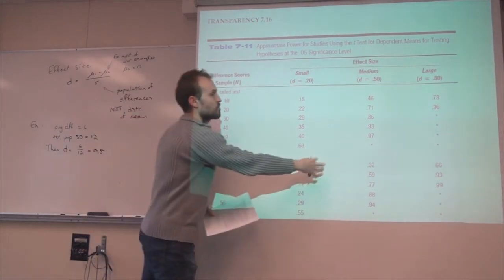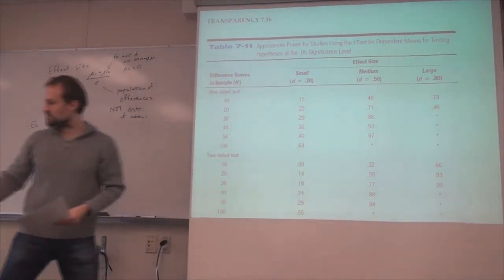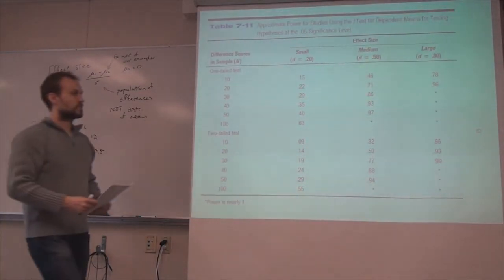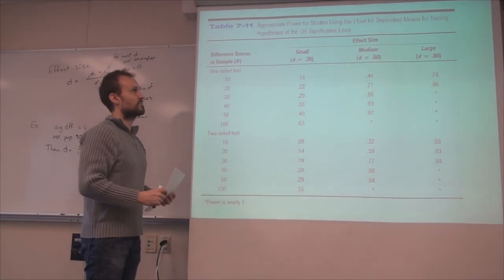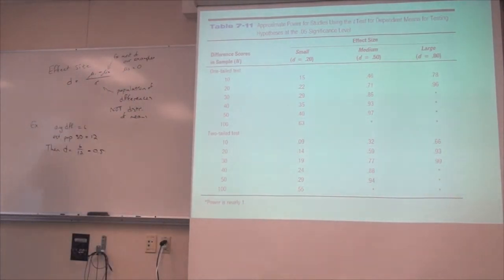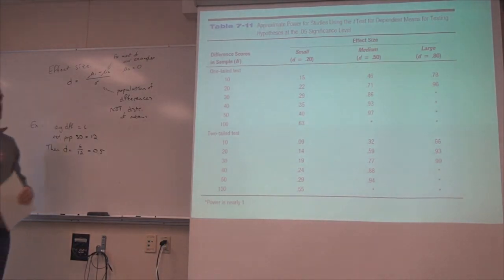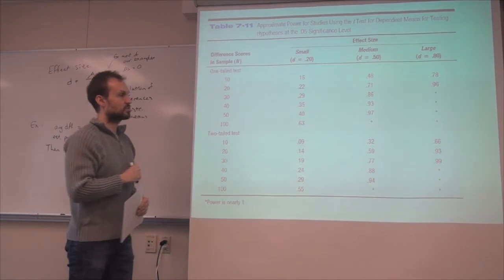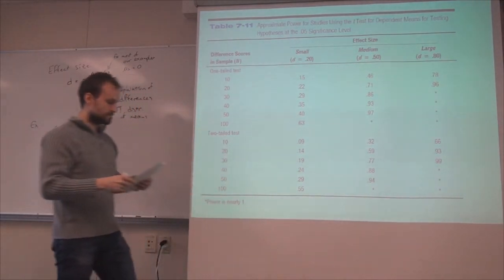That puts me somewhere close to some of these values, and I can have an estimate of how much power I have in my study, and therefore what the probability of making a type 2 error is. It's just 100% minus the percentage here, or 1 minus its probability.